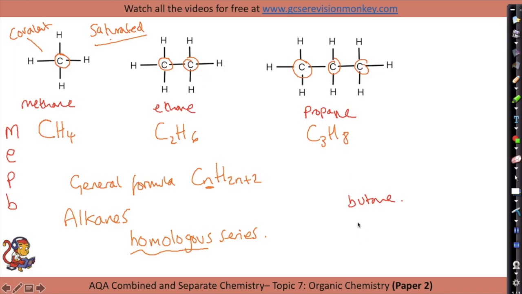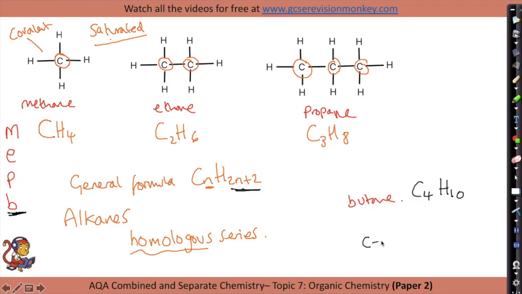With all that information we can draw butane, because that's our next one in the list, and we know it therefore has 4 carbons. If we use this formula, double the number of carbons and add 2, so if you double 4 and add 2, that works out as having 10 hydrogens.